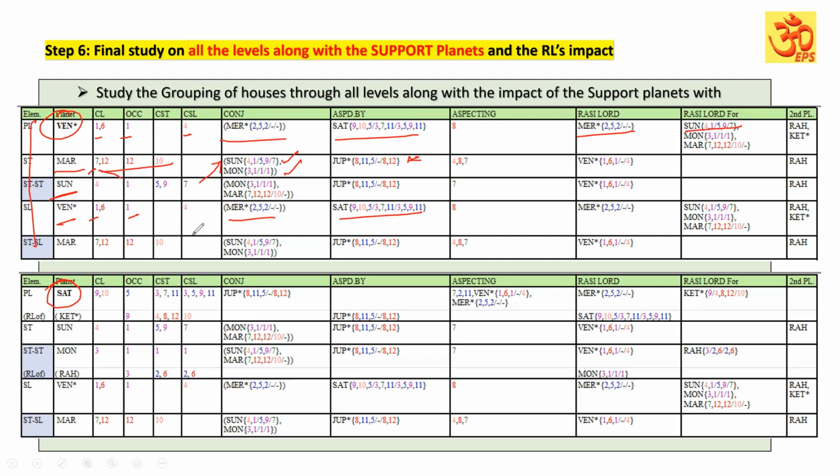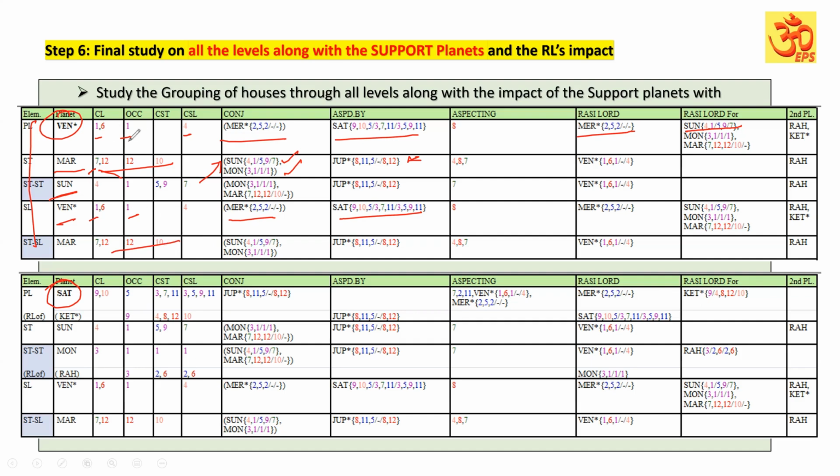So that Venus planet is not weak, but it is supported through the support planets. Because of the absence of the house grouping chain from the planet to star lord to sublord, it is having some weakness. Unfavorable 6, 12, 12, not supported at the 2a level, but again 6 and 4. So unfavorable groupings are present, indicating some weakness.